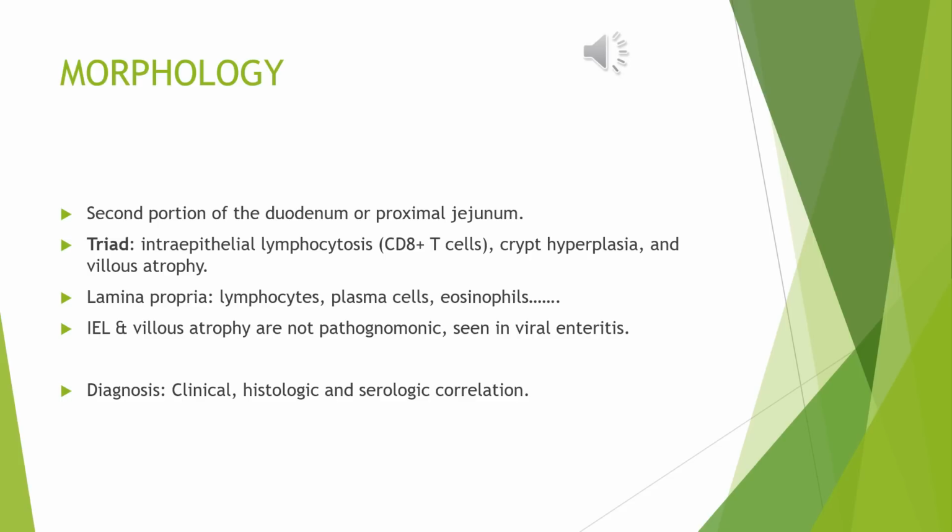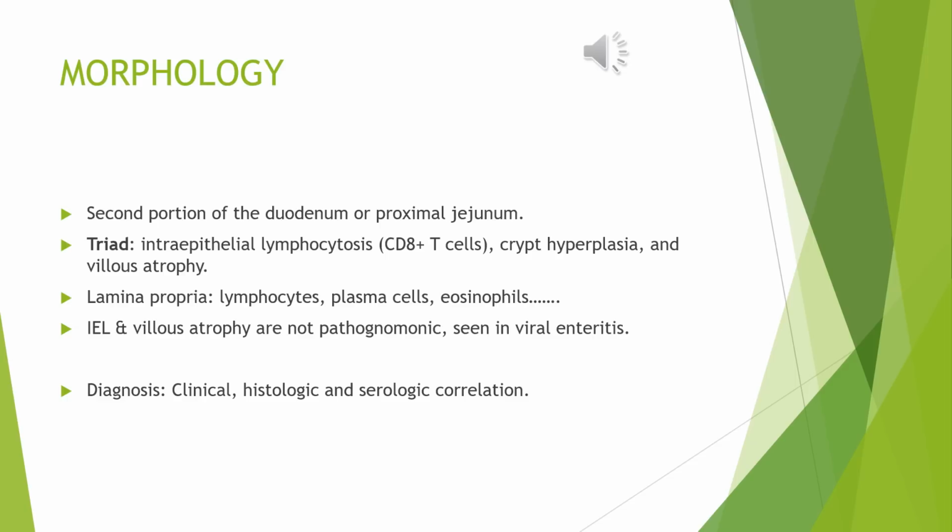What we see in celiac disease is a triad of intraepithelial lymphocytosis, and these lymphocytes that are present within the surface epithelium are usually CD8 positive T lymphocytes. The second part of the triad is hyperplasia of the crypts with increased mitotic activity, and this is a result of the increased damage and turnover of the intestinal epithelial cells.